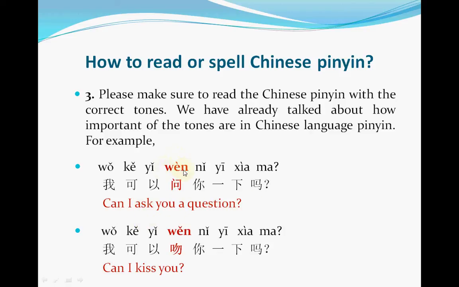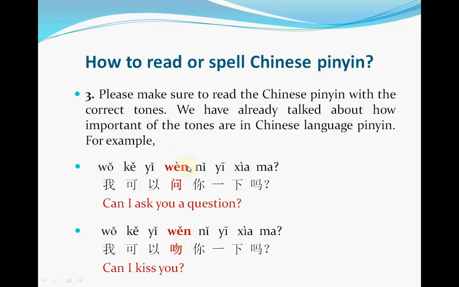Wu and wen have the first tone. But if you pronounce wu and wen with the third tone, that will be just like this. Wu and wen. That means kiss.